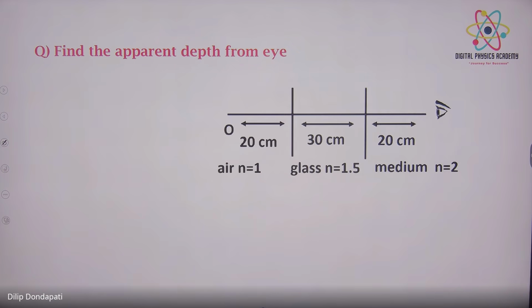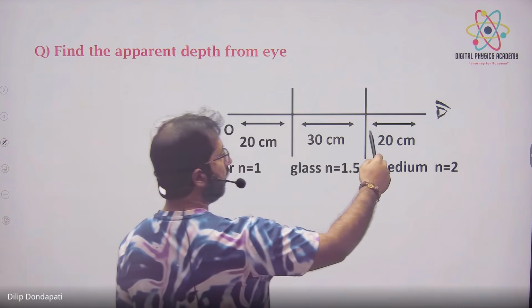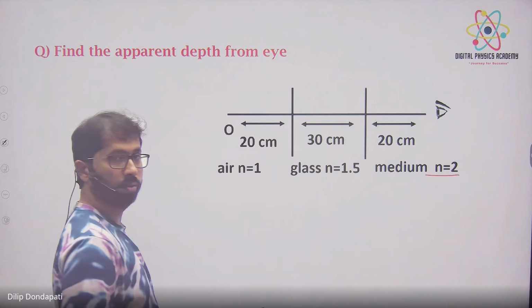Now the eye is in the medium of refractive index 2.